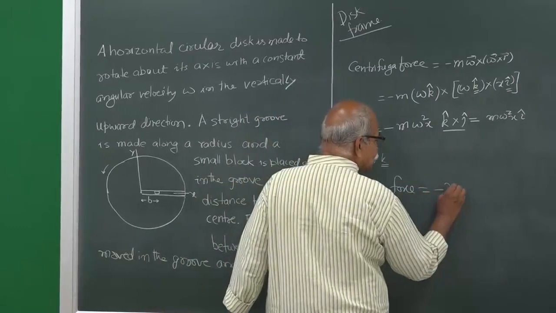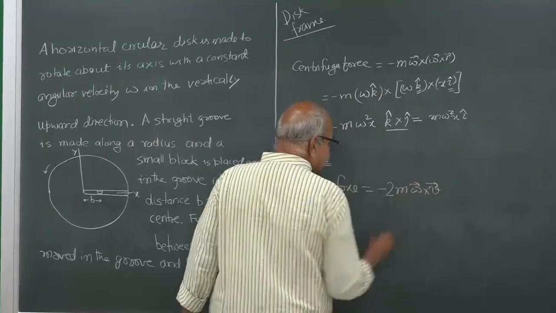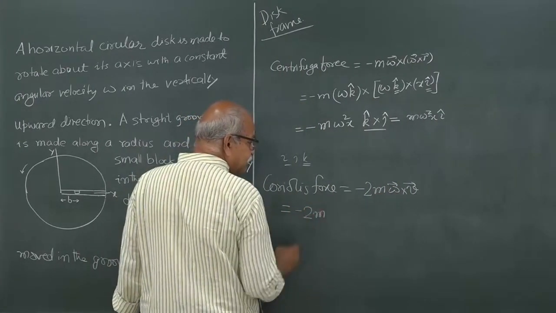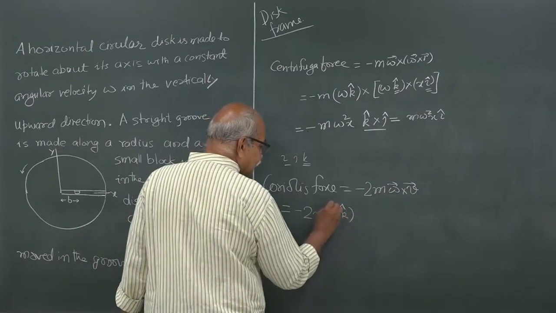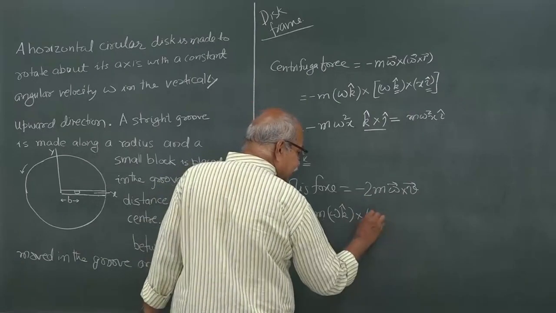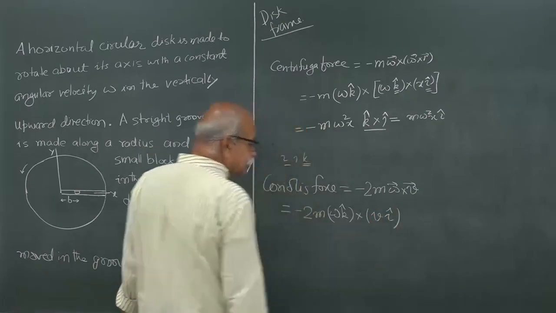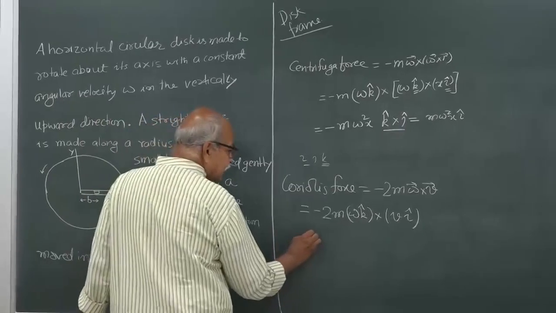The Coriolis force is minus 2 m omega cross v, which is minus 2 m, omega is omega k cap, and cross v, where v is in the x direction, so it will be v i cap, and k cross i is j.